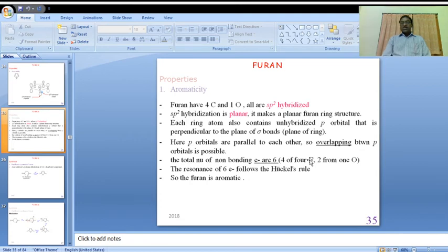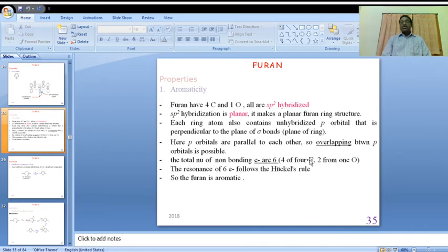In the last class, with pyrrole, we already discussed the formation of this electron cloud. It is called the aromatic sextet.